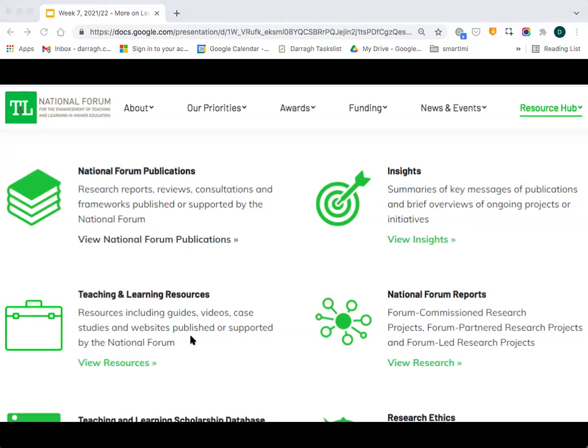So if you are interested in the Irish element of it, the National Forum is a good place to go. They do quite a number of research projects, working with a number of Irish higher education institutions. We would have done a number of projects for them, for example, on emerging areas like digital badges, micro credentials, micro learning, and so on.